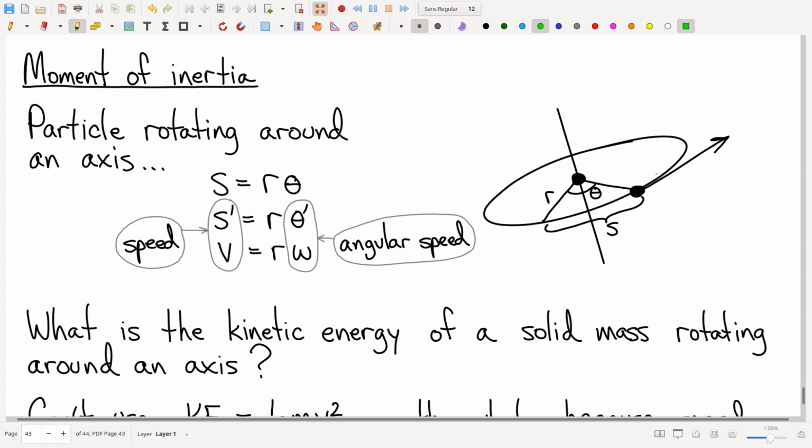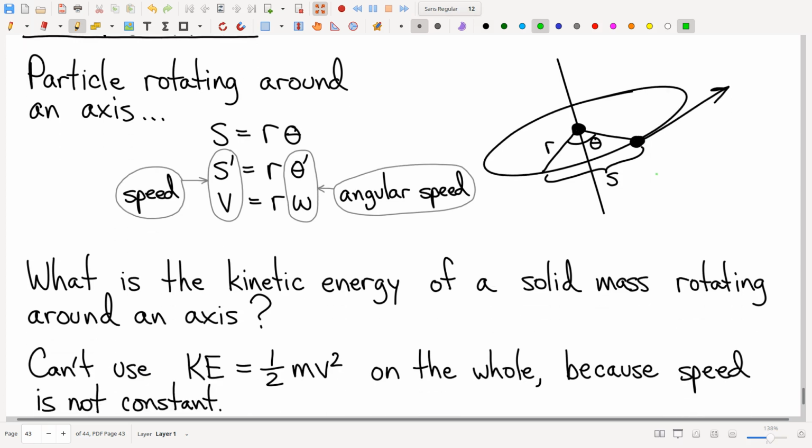So the problem comes up when we don't have just a point, but we have some lumpy mass, some region where mass is distributed over the whole thing. How would I compute the amount of kinetic energy that this thing has as it rotates around?